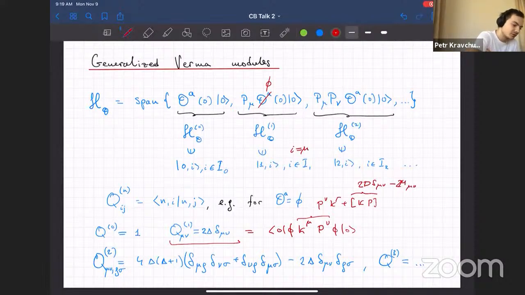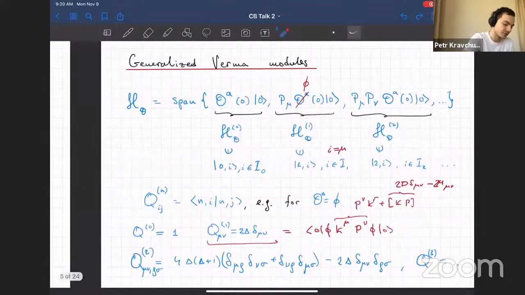Since phi is a scalar, M_{mu nu} gives 0, and 2 d delta_{mu nu} gives this 2 delta delta_{mu nu}. And you can do the same calculation at higher levels, and you get polynomials in delta.